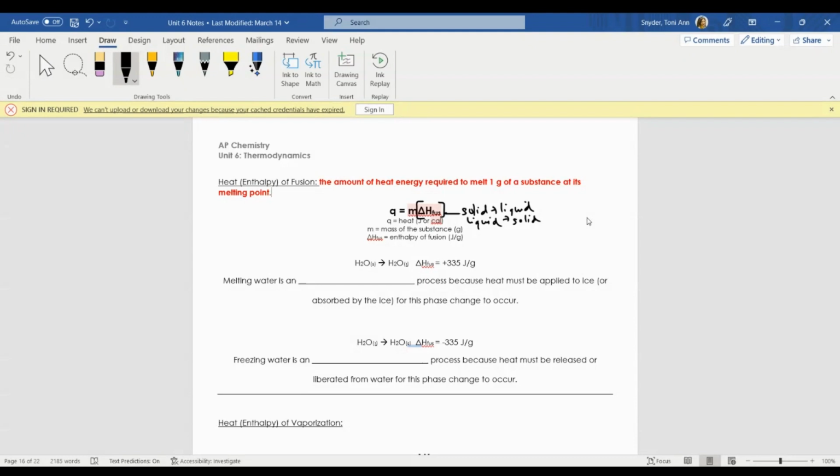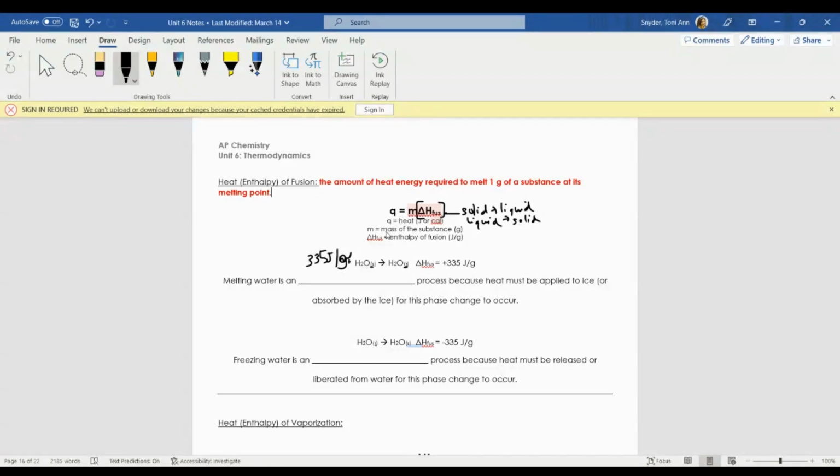So let's take a look at an example here. So I have ice going to water. So I'm changing its state of matter. I'm going from a solid to a liquid. And it looks like here my enthalpy of fusion is positive 335 joules per gram, or sorry, joules per gram, not mole.